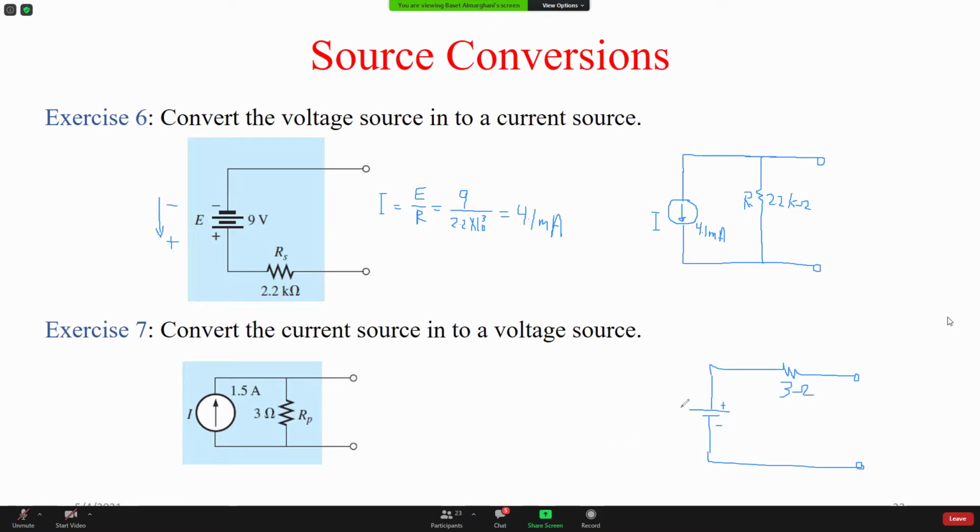And for the voltage E here, I'm going to use Ohm's law. Voltage equals I times R. So 1.5 is the current, and 3 is the resistance. So 4.5 volt. So this is 4.5 volt. And this is the R of the source. Is this okay so far?